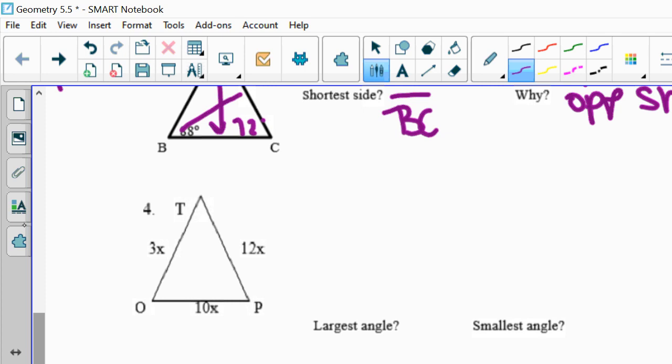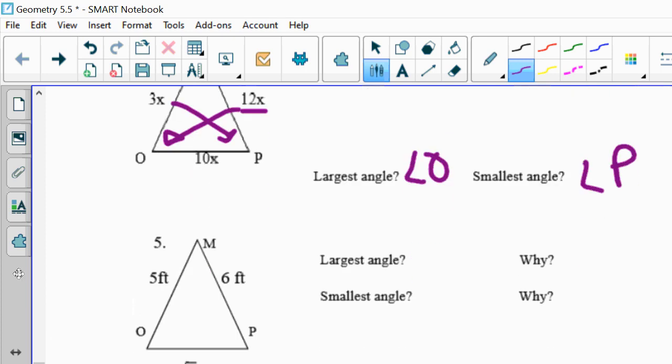The 12x would give me the largest side. So here where they ask for the largest angle, if 12x would give me the largest side, then directly across is going to be angle O. The smallest angle, okay, 3x would give me the shortest side, so across from that, angle P.